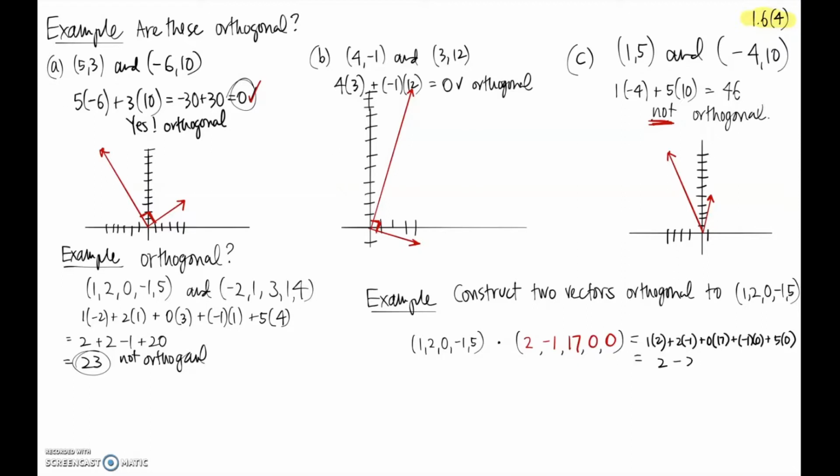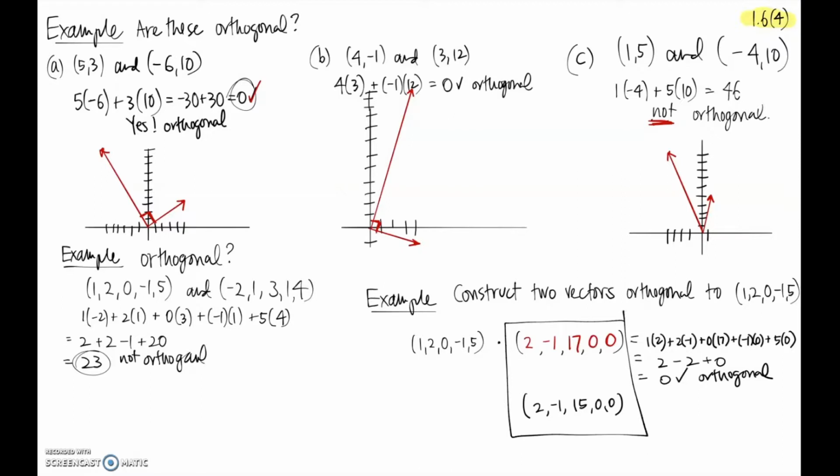And that'll be 2 minus 2 plus a bunch of zeros, which is 0. Those are orthogonal. We just constructed it. And pretty easily we could come up with another one. We could say, how about (2, -1, 15, 0, 0)? That would also be orthogonal because that middle term always gets multiplied by 0. So we've done what they've asked us to do. We've come up with two vectors that are orthogonal to that original vector.